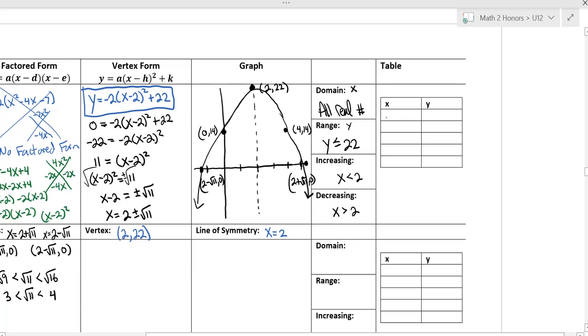And the 5 points we used were 2 minus root 11, 0; 0, 14; 2, 22; 4, 14; and 2 plus root 11, 0.